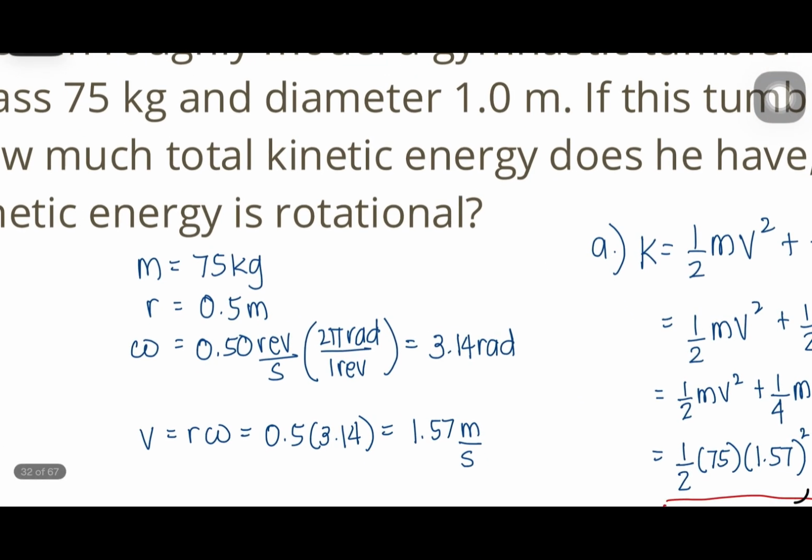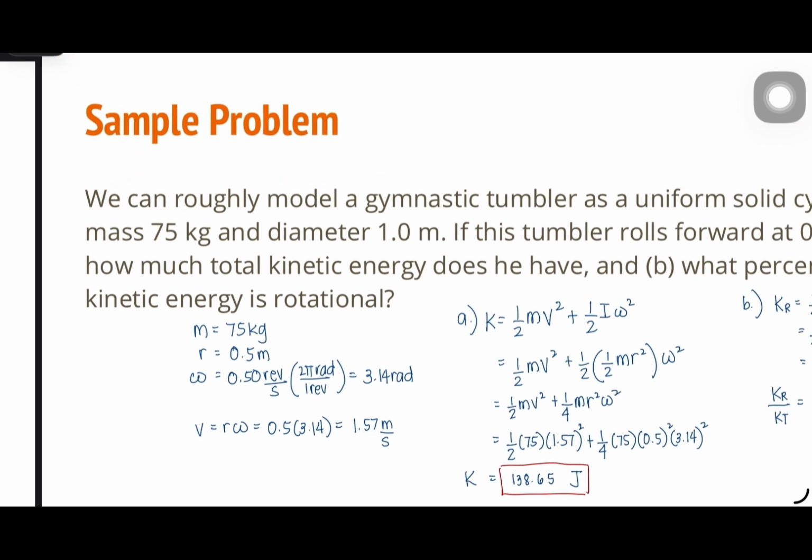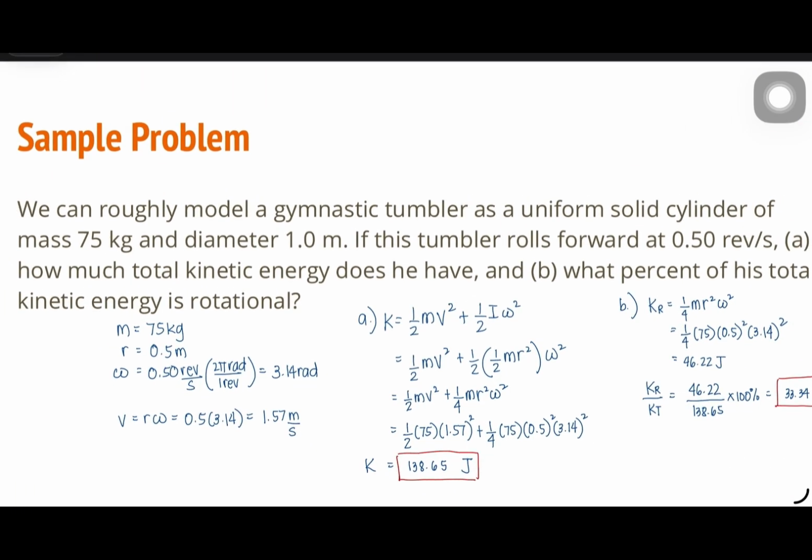Here are the given from the problem. Mass of the uniform solid cylinder equals to 75 kg. The given here is in diameter, but what we need here is the radius. Kaya i-convert natin to radius. So kalahati ng diameter is 0.5 meter.